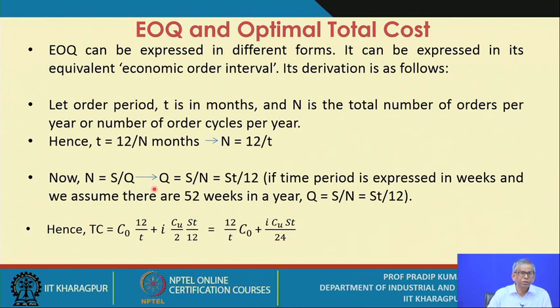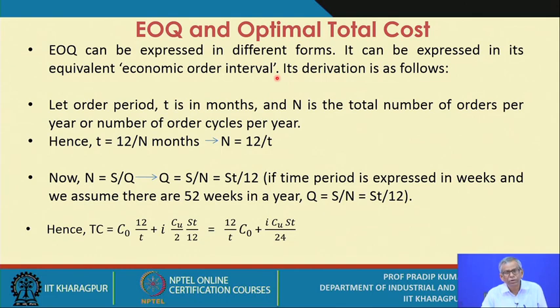Now, continuing our discussions on EOQ, we have already derived the EOQ formula, that is Q star equals root over twice S C0 by I C U. This EOQ expression can be expressed in different forms. It can be expressed in its equivalent economic order interval, particularly if you refer to the P systems of inventory control.